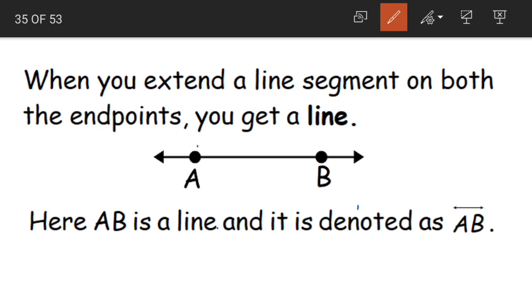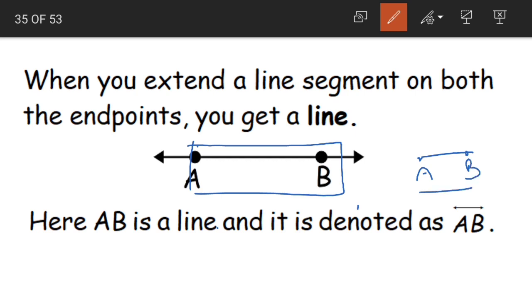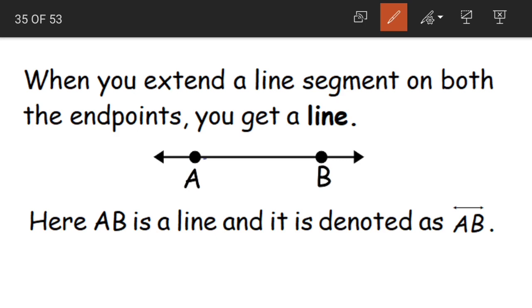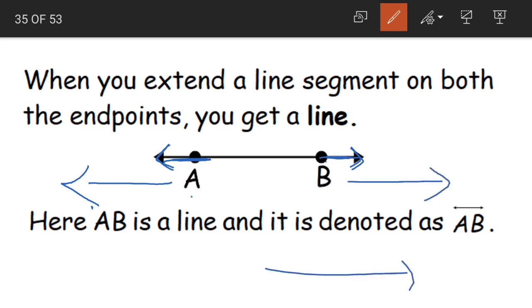See, if you have only this much, just two end points of the line segment, it will be a line segment. But here, as you can see, after the end points we have arrow marks. Arrow marks mean we can extend this line segment in this direction and also in this direction. Extend means increase the length.